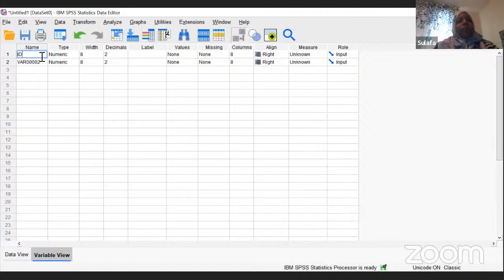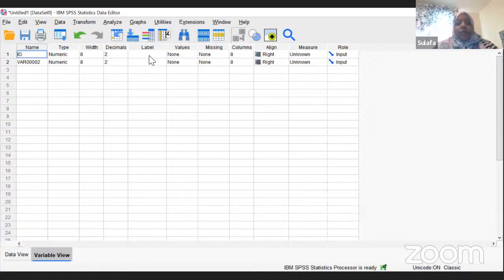So if you want to name your variable blood pressure, with 2 separate words, you have two options. The first option is to use an underscore. The second option is you can label your variable here from the label.